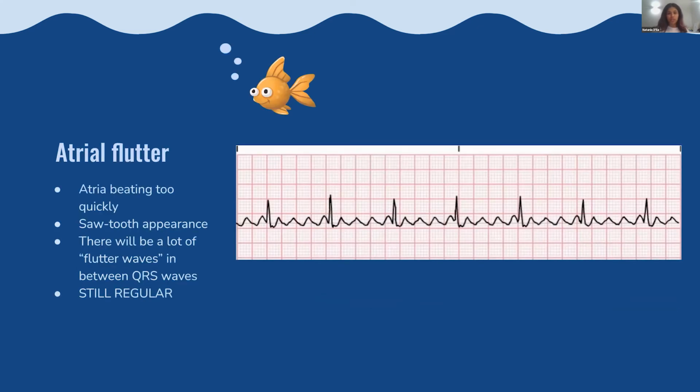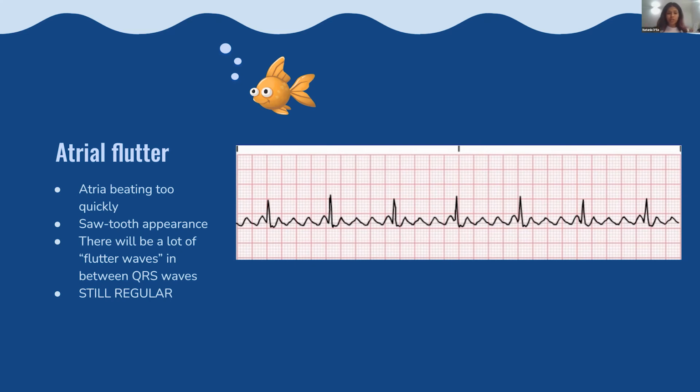In comparison, something a lot of people can get mixed up because they sound a little similar is atrial flutter. When we're seeing atrial flutter, that means the atria is beating too quickly. Anytime they bring up a sawtooth appearance in an ECG, think atrial flutter, always remember.